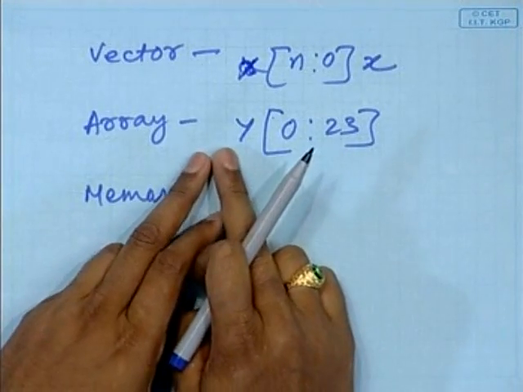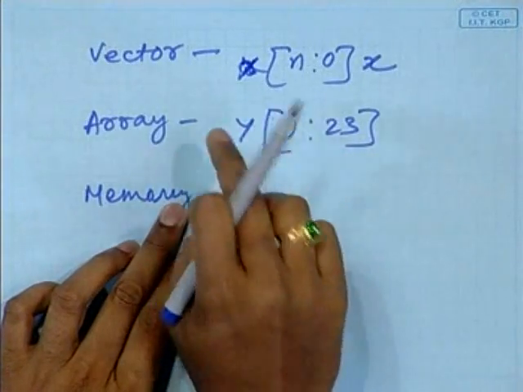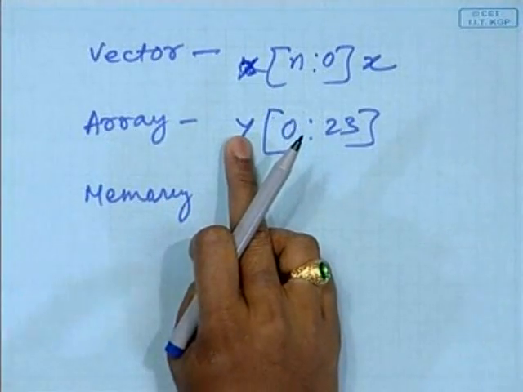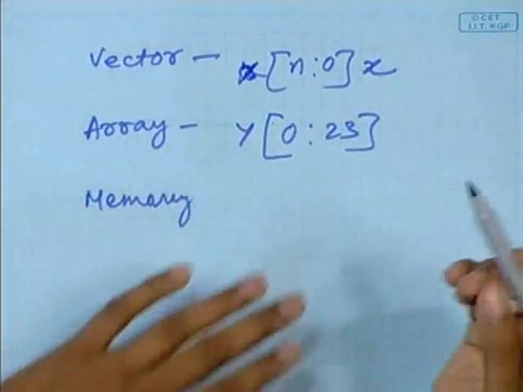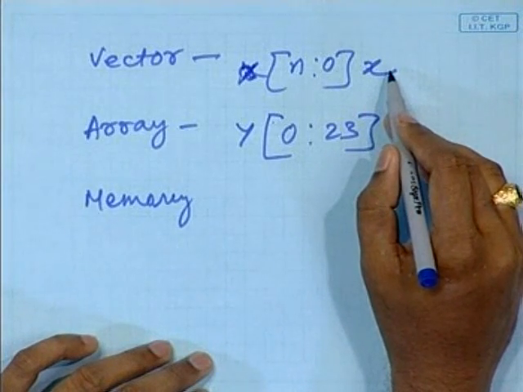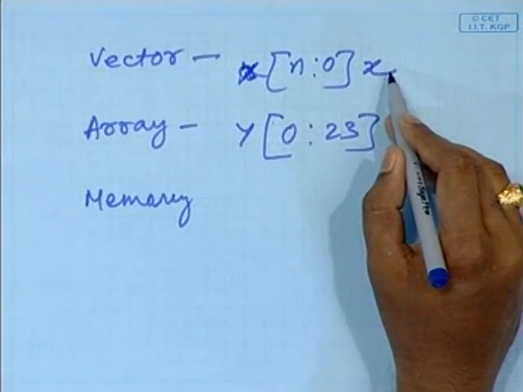And if you assign no bit width, by default it takes a single bit. Before that, if you talk about a vector variable x, I told you register is a variable, right?